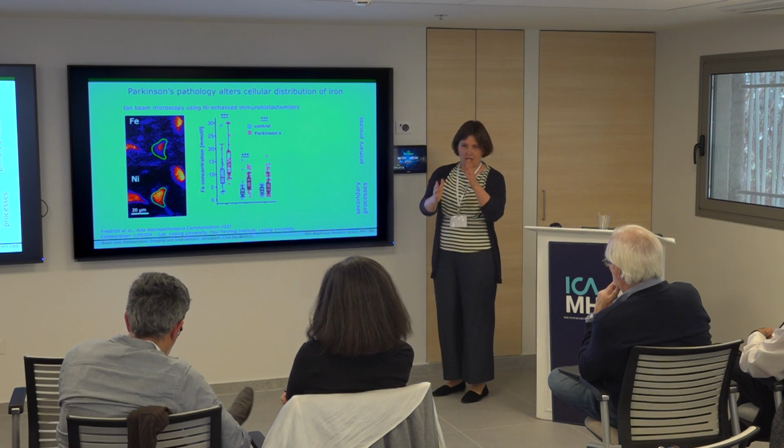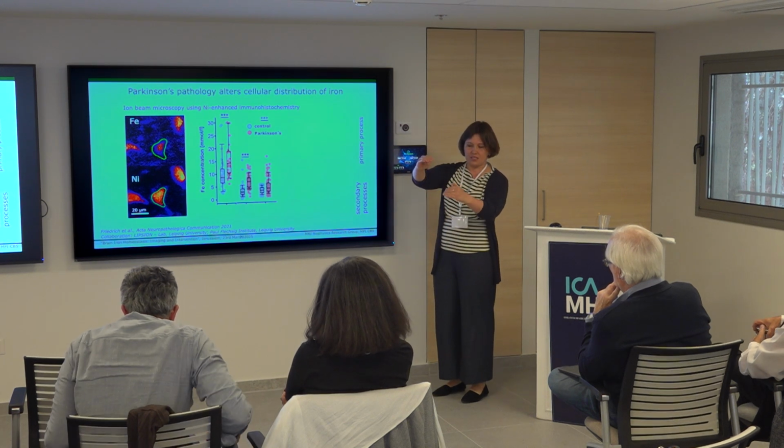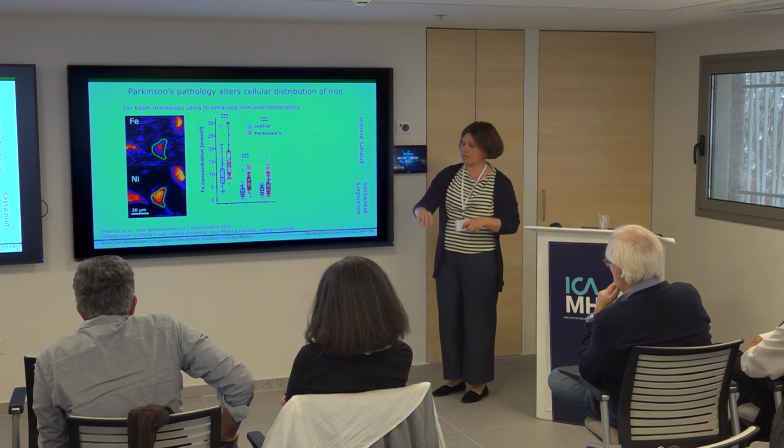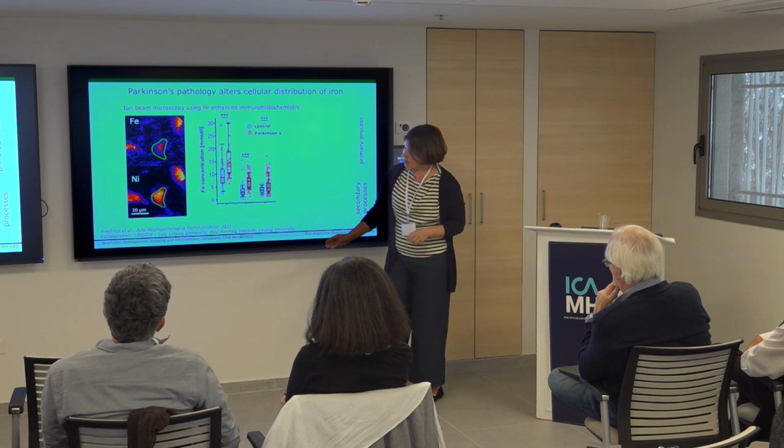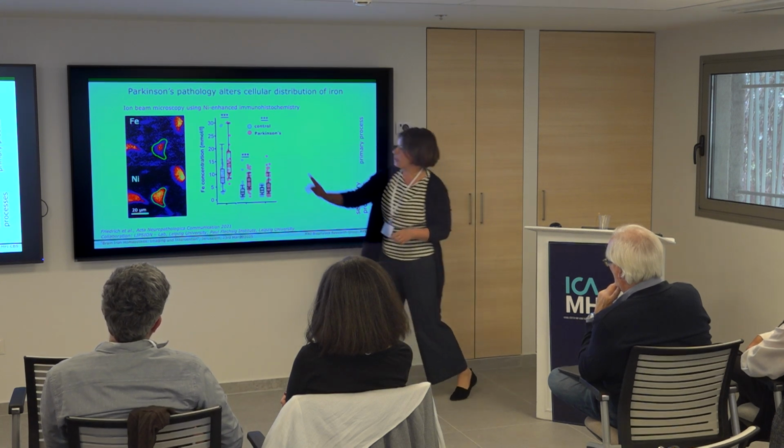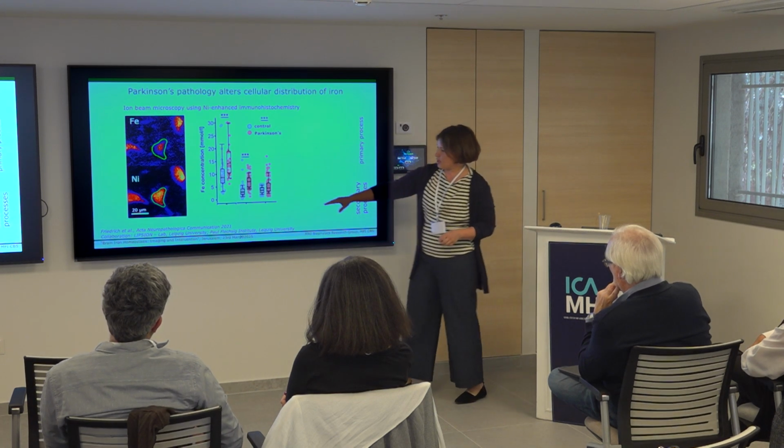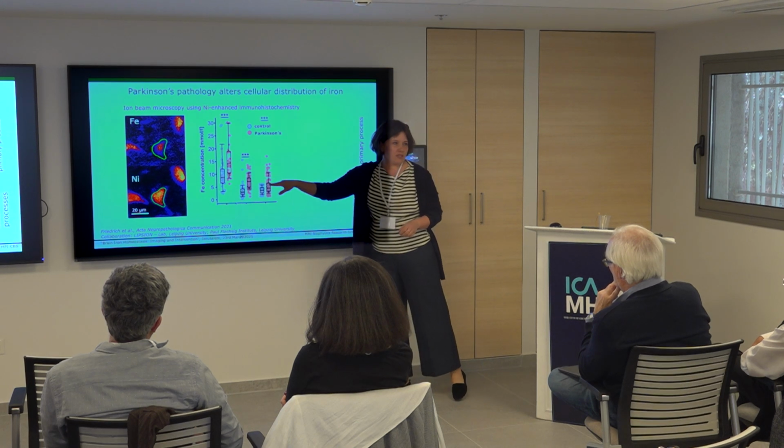So in this way, we can really try to disentangle this increased iron concentration into the different cells. And when we compared the Parkinson's and control, shown here in gray and pink, we see that actually in all cells, the iron is enhanced.